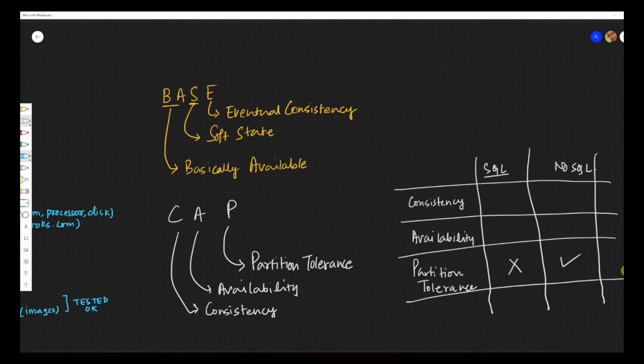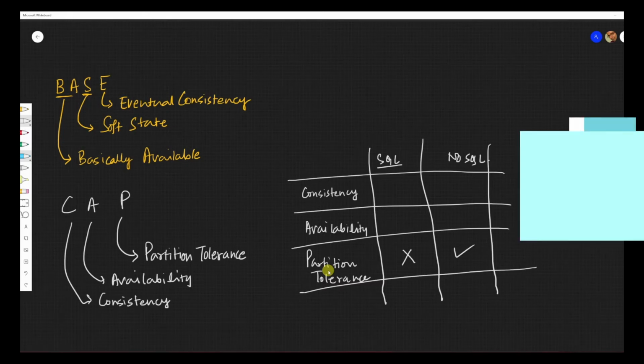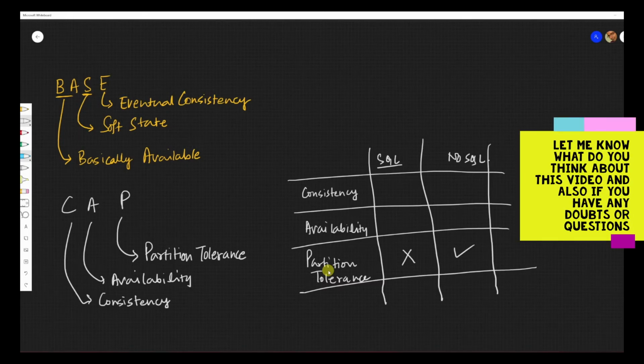SQL is not by default partition tolerant, right? Going by the traditional definition for SQL, we cannot partition the data in the way we can for NoSQL. But one thing we have seen is that both are pretty much available, right? If you're talking about Oracle or Microsoft SQL Server, the availability is really high, right?